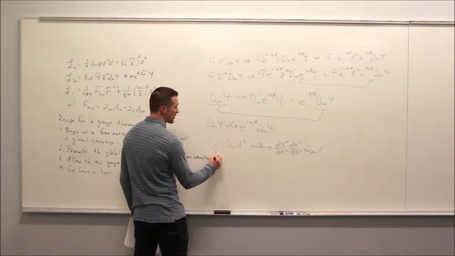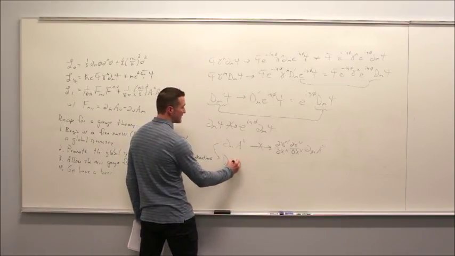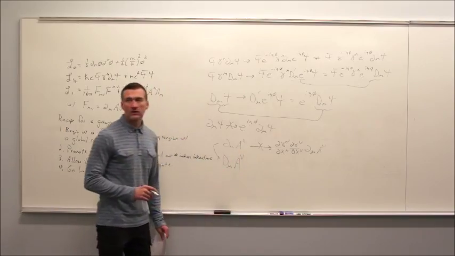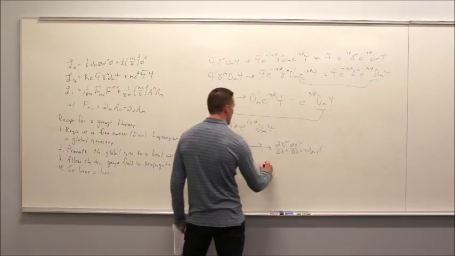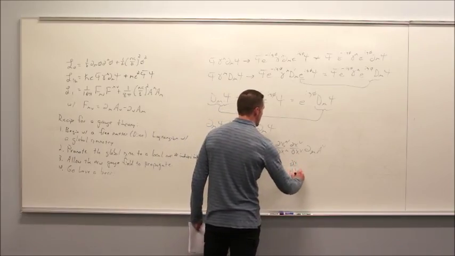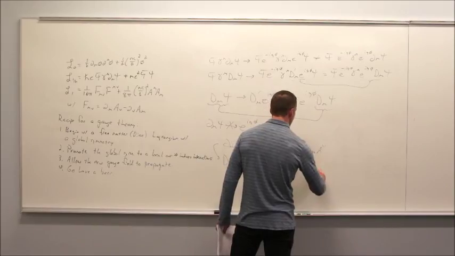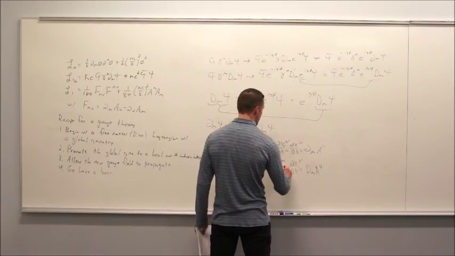However, what we did in general relativity was we took the ordinary derivative and we replaced it by a new thing called the covariant derivative. And the covariant derivative was constructed precisely so that this obeyed the tensor transformation law.